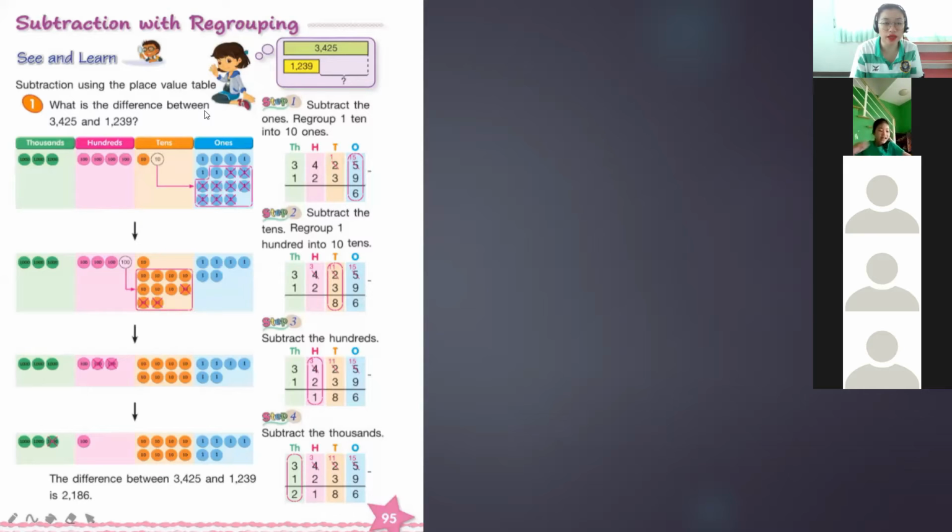What is the difference between 3,425 and 1,239? So it is asking for the difference, or the answer, for 3,425 minus 1,239. So we're going to start with the ones place.